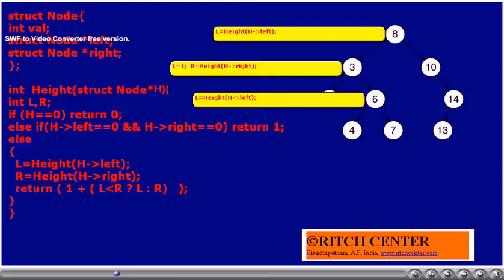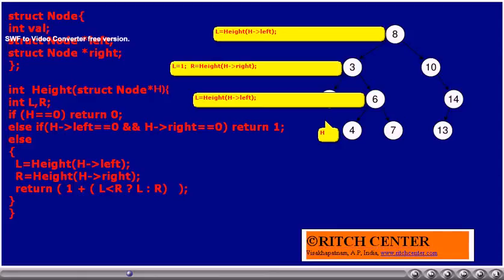For that we will be executing the function height recursively on its left subtree. When this function height is called with the left subtree of the node 6, we will be sending the address of the node 4. Thus h value will be pointing to 4.